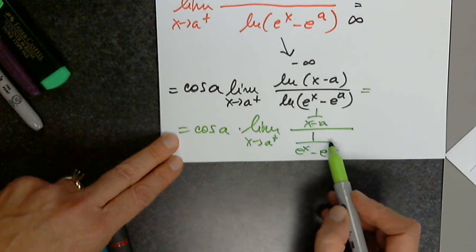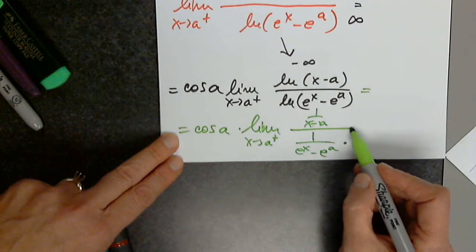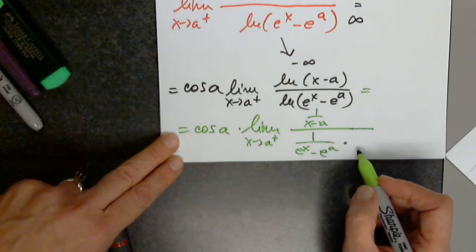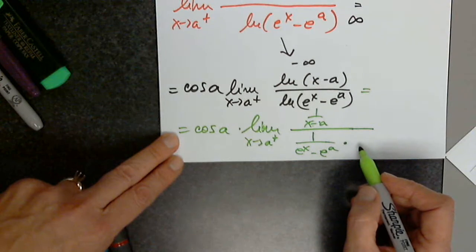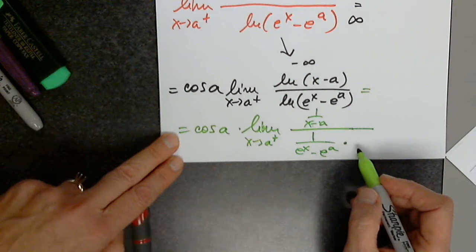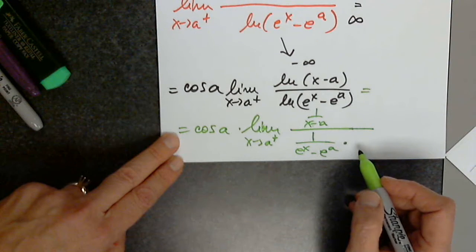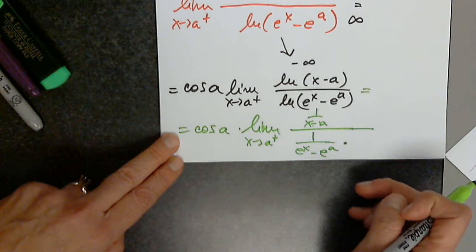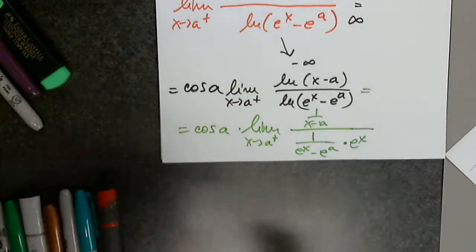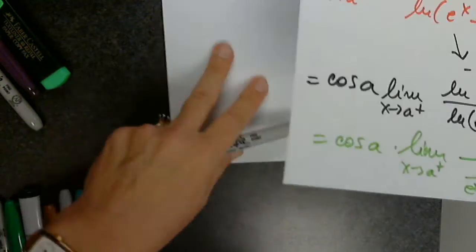Minus e to the a times the inner function prime. e to the a is a constant. What is the rate of change of a constant? 0. Right. So it's e to the x. Very good. So let's continue.